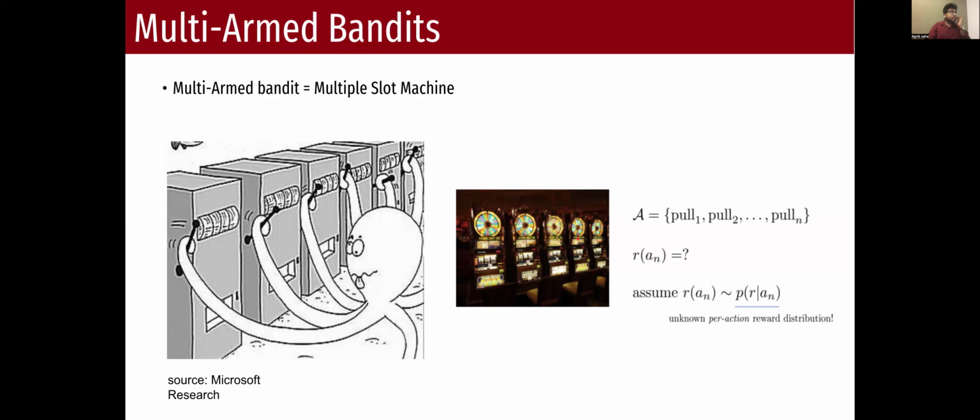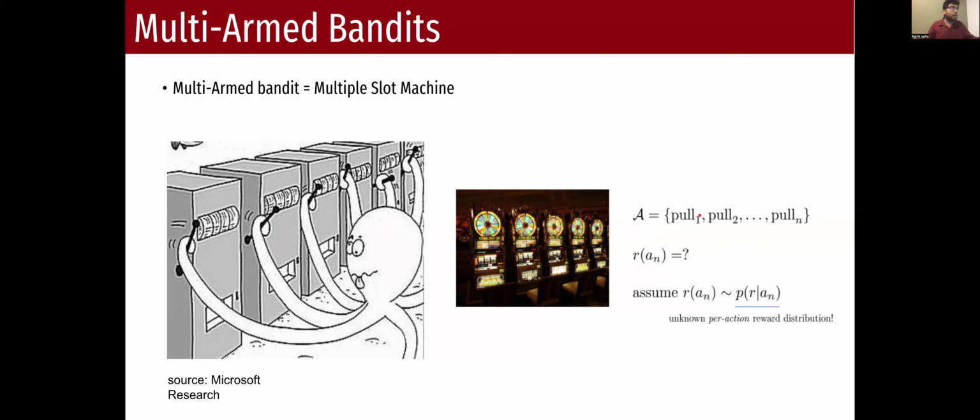So this is the multi-armed bandit problem. Here we can see there are multiple arms, like in that figure, and these are my actions. Suppose there are 1 to n arms, and A is a set of actions.